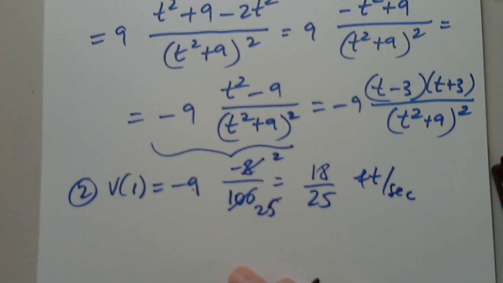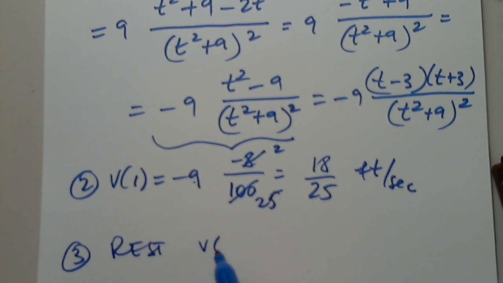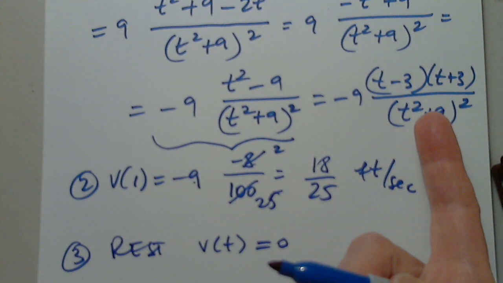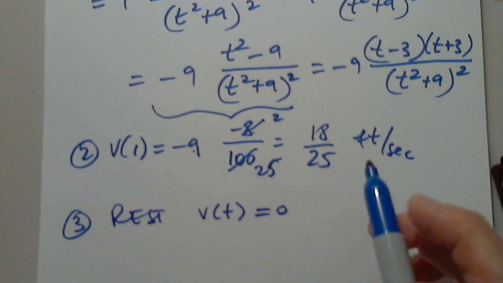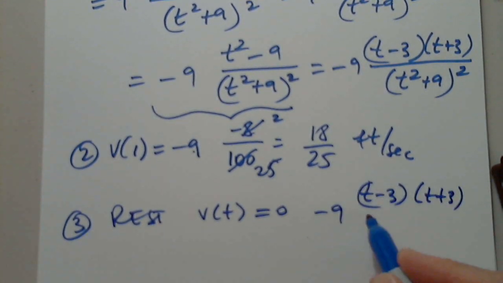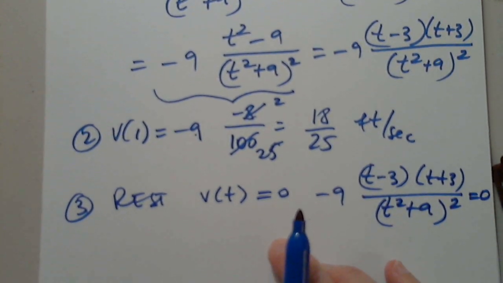When is the particle at rest? Rest means velocity is 0. That's why I have it ready. So this is negative 9, t minus 3, t plus 3, over t squared plus 9 squared, equals 0. When is a fraction 0?